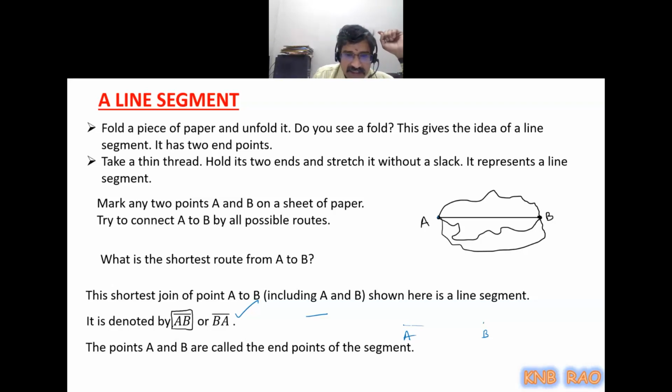A line segment is represented using AB and BA. Is it clear? Then the fourth point: a line segment will have a fixed or definite length. Okay, these are the 4 important points.